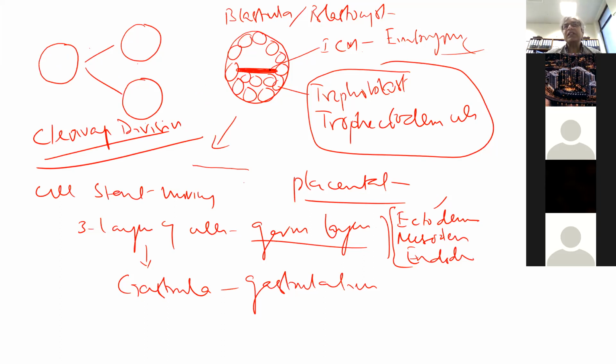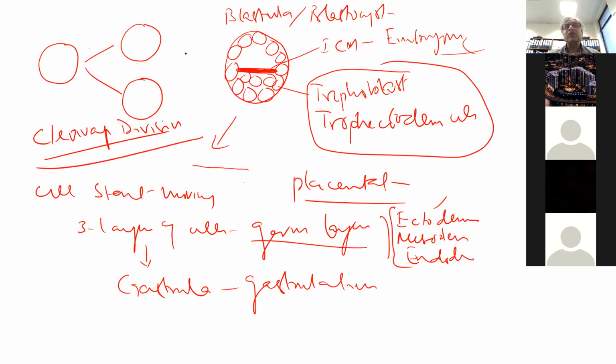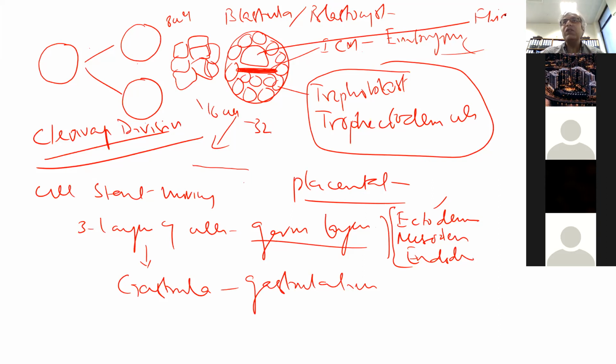And then there comes a stage where the identifiable stages are the 8-cell stage, then the 16-cell stage, and then 32, and eventually we see a big cavity in the center, and there is fluid. This fluid-filled cavity is called the blastocoel.